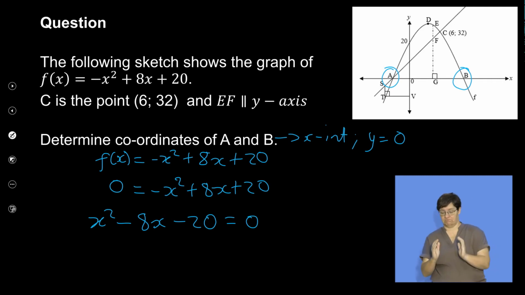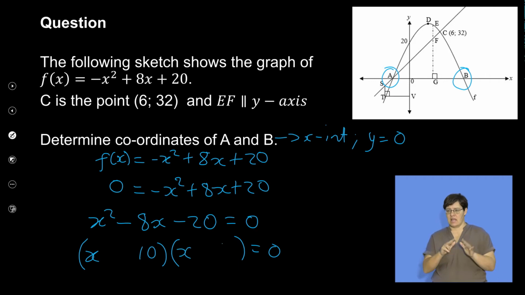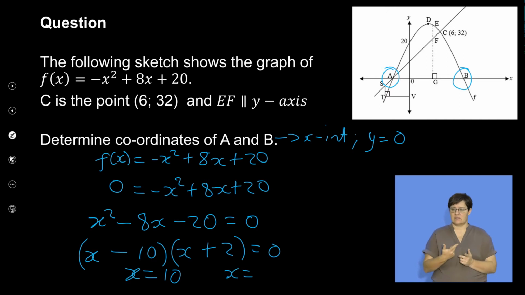Then you will need to factorize this, and it will be equal to 0 then. It's (x and 10), and (x and 2). This will be a minus, and that will be a plus there. So my x will be equal to positive 10, and my x will be equal to negative 2. Which one is negative and which one is positive?